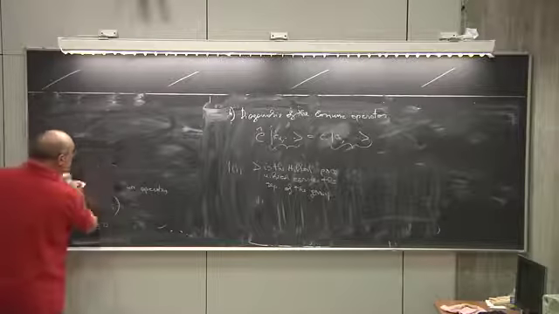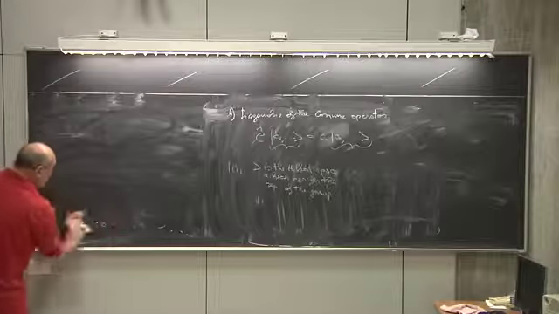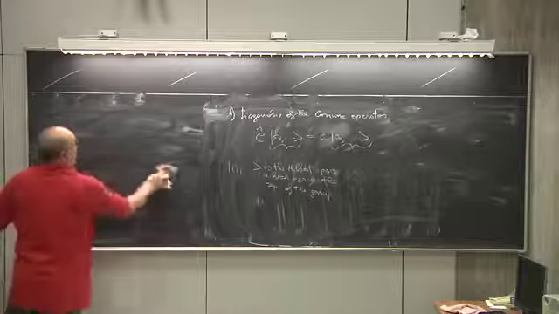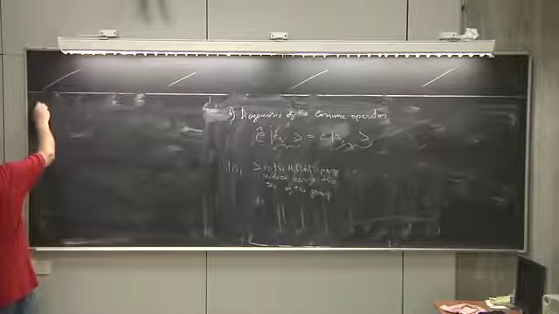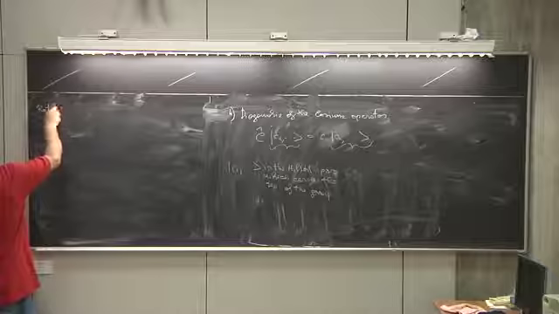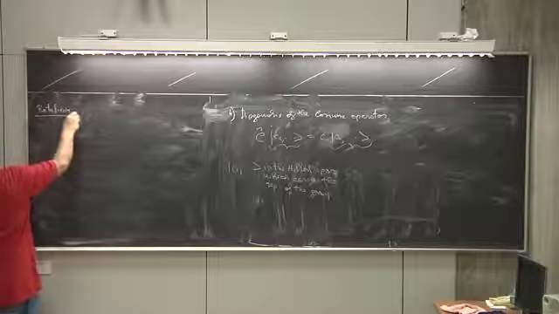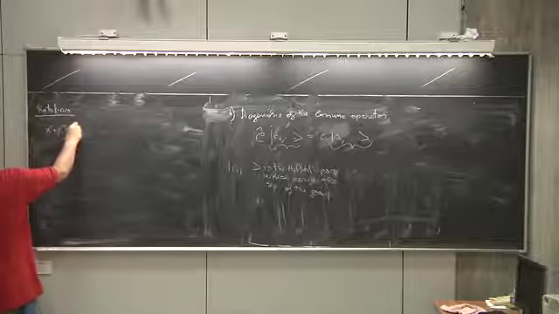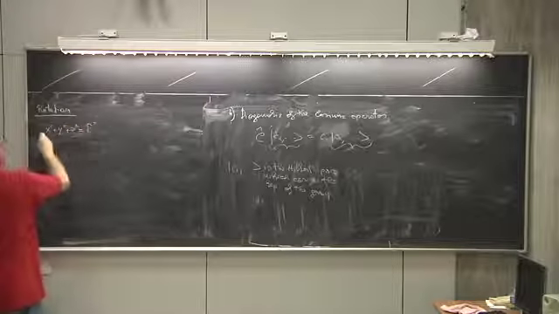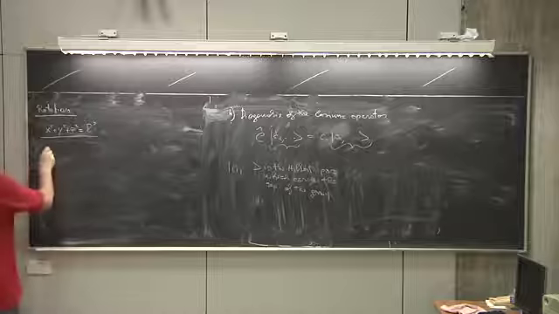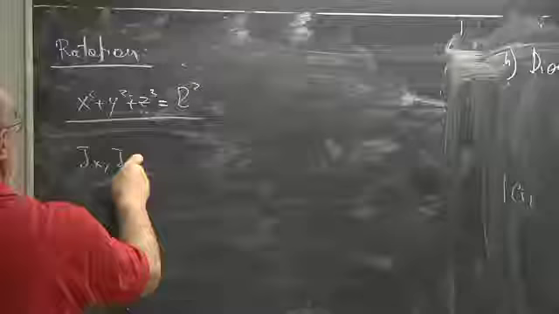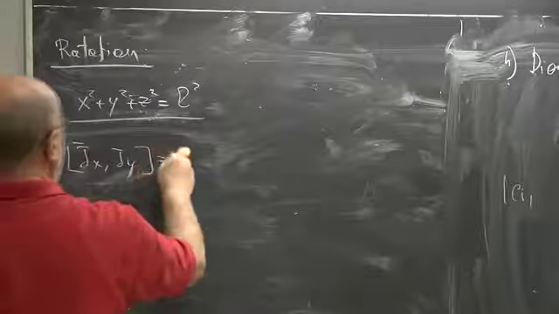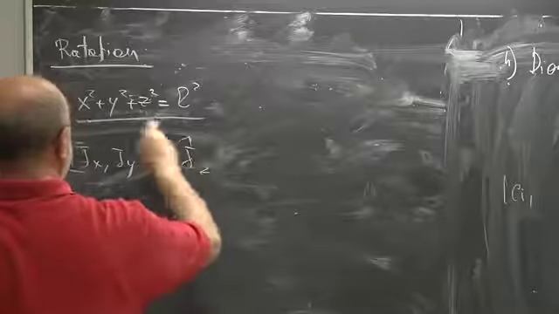The rotation group will be our prototype group because you have done it in quantum mechanics and so on. The rotation group is the one that keeps invariant this in 3 dimensions. And the algebra is [Jx, Jy] = i Jz.